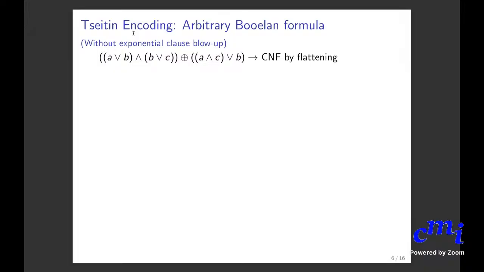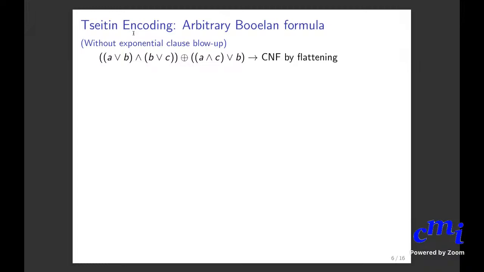Remember that CNF is in negation normal form, where the negation appears only at the leaves. If you have a formula where negation is not necessarily at the leaves, but at some other level, and you have all kinds of Boolean functions like exclusive or, implications, equivalence, etc., then in order to convert into CNF, you need to push the negation all the way to the leaves, and for that you have to use De Morgan's laws.